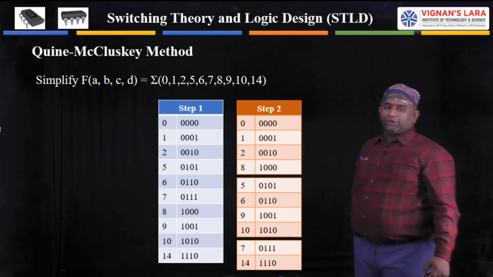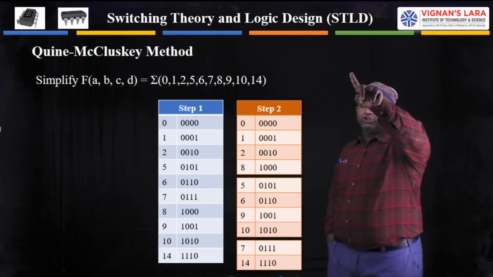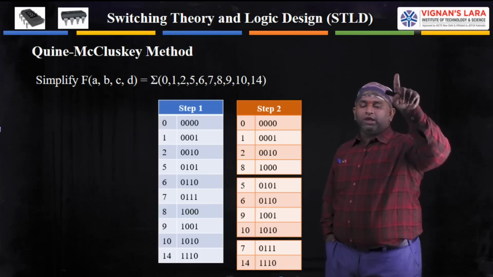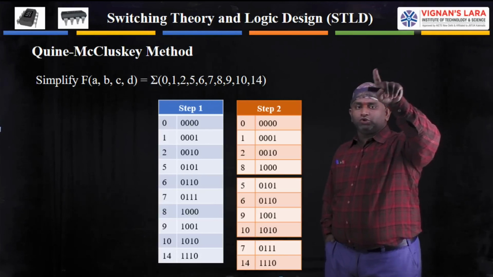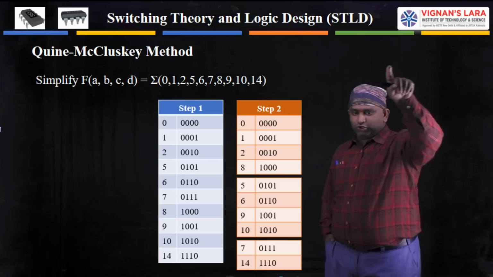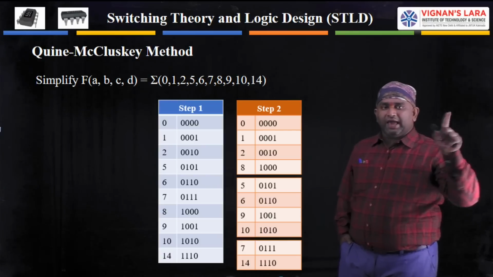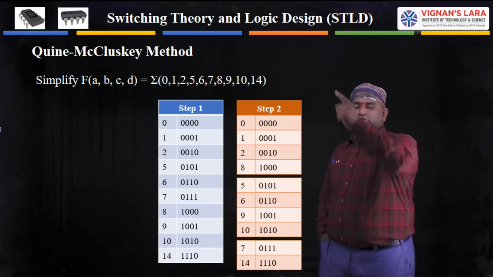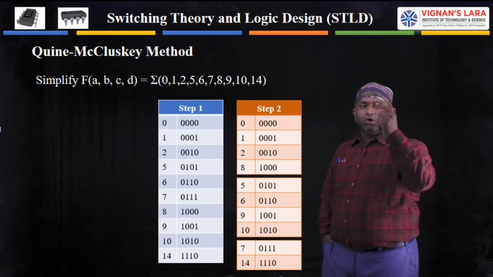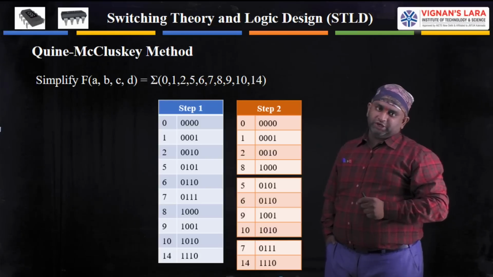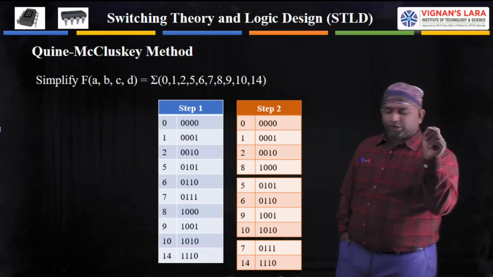Now you have to write down here from 0 and 1. In 0 and 1, the first MSB bit is 0, the second MSB bit is 0, the third MSB bit is 0, and the last LSB bit is 0 in 0 and 1 in 1. So only 1 bit is differentiating. In that place you have to write a dash.